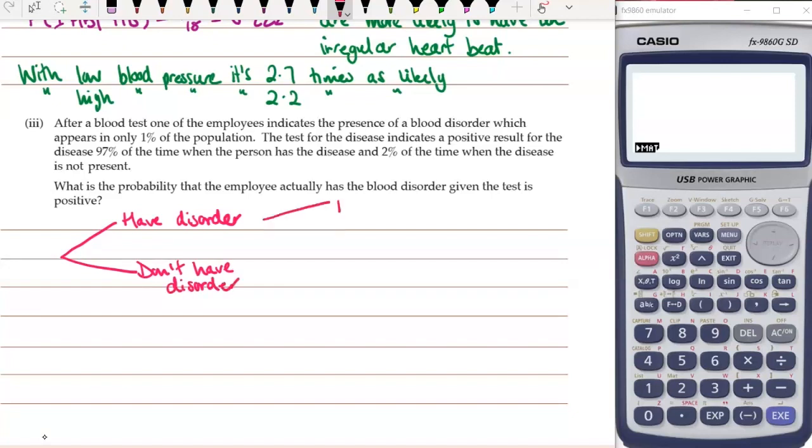And from there they would get a positive or a negative result on the test. Now let's look at the chances. So the presence of the blood disorder appears in 1% of the population. So the probability of having it is 0.01 and not having it is 0.99.